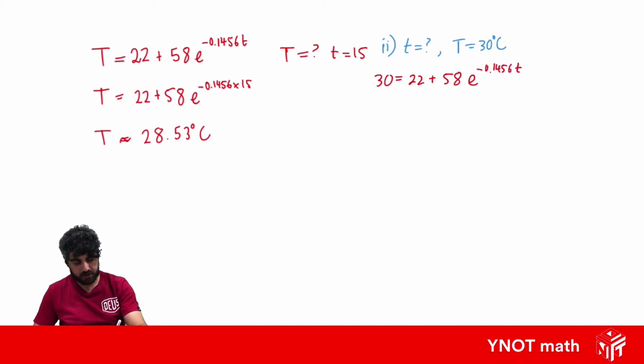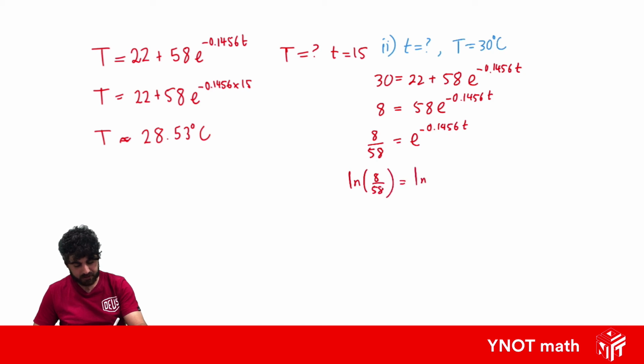So we'll just minus 22 from both sides. So we'll get 8 equals 58 e to the minus 0.1456t. Divide both sides by 58. So we get 8 over 58 equals e to the minus 0.1456t. Take the natural log of both sides. So we'll get ln of 8 over 58 equals the ln of e to the minus 0.1456t.